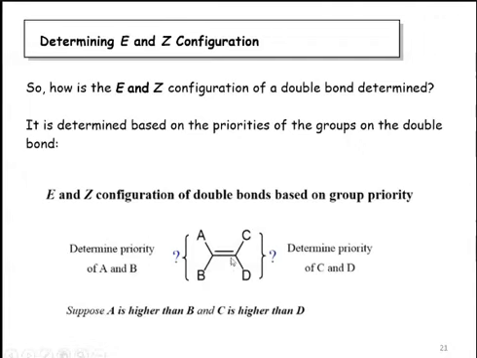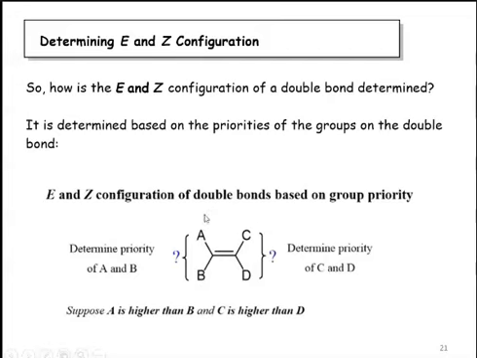and which one has lower priority. Now if we compare this structure, this double bonded carbon-carbon is associated with four different atoms or functional groups. Now we have to determine about this plane. There are two attachments here, and two attachments here. Let us determine the priority among these two and the priority among these two.